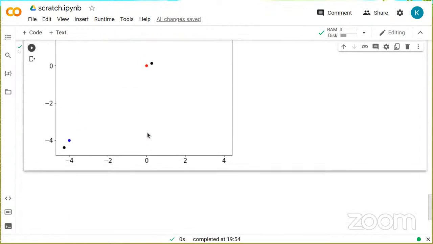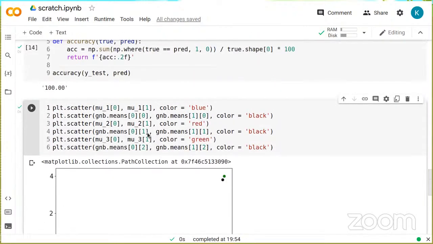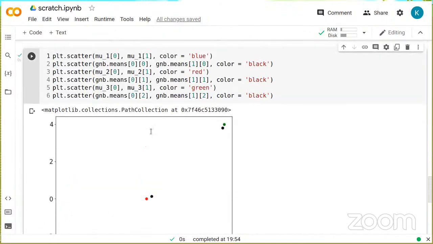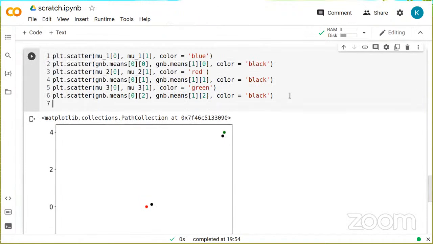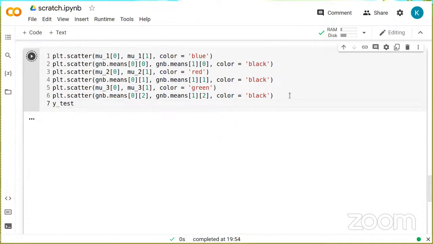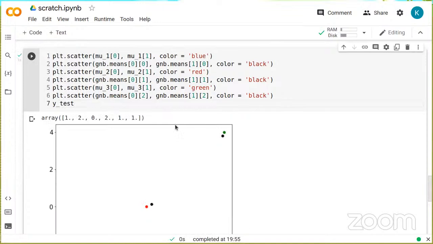We are probably testing it on say 10 or 20 points, not even 10 or 20. So if you look at the shape of y_test, right? No, I understand, but intuitively it's not clear. When the data points reduce, why should the accuracy increase?